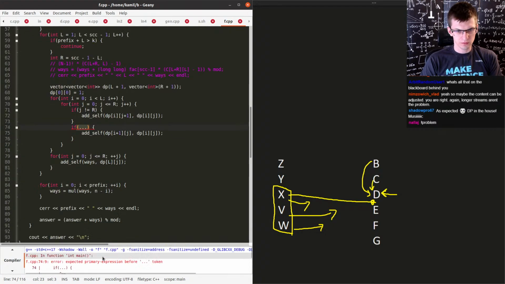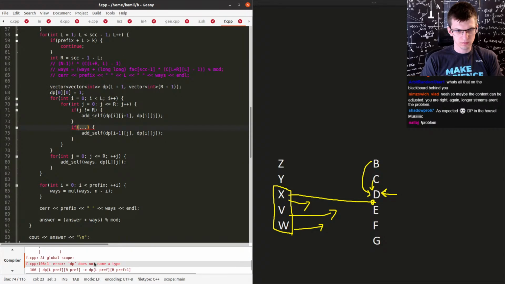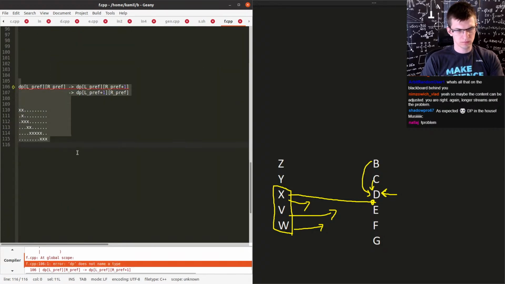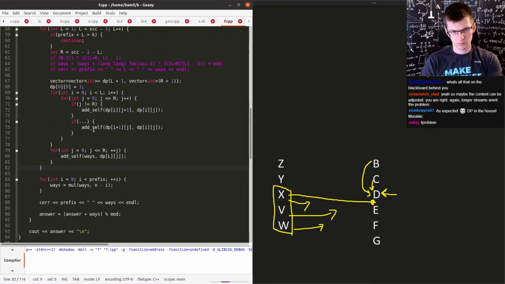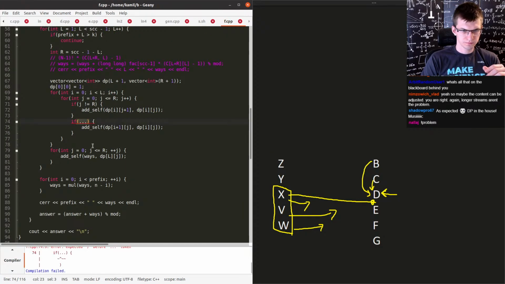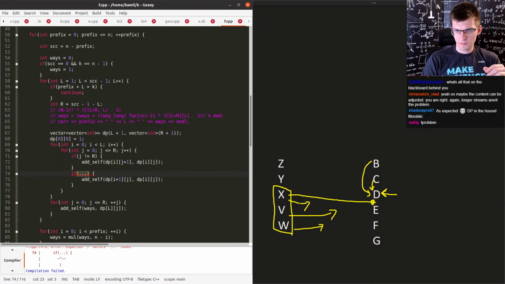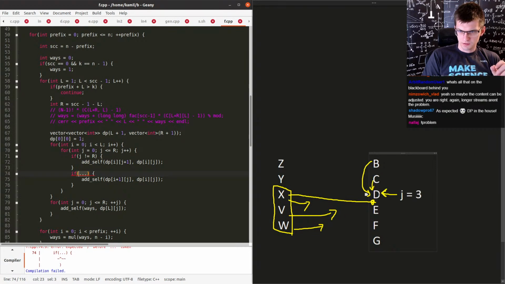What's wrong? When I connect x with d, this is what? Equal to 0, 1, 2, 0, 1, 2, 3. Then what is the deal with this guy?